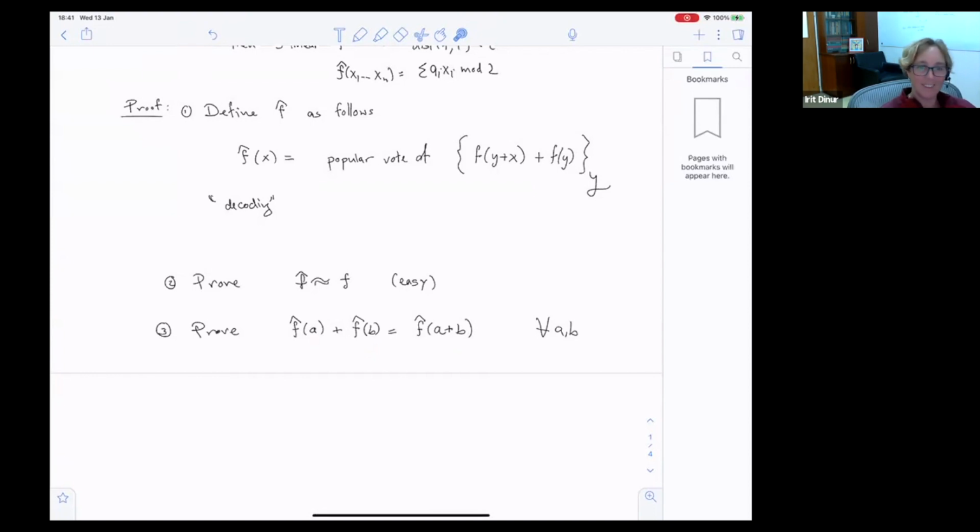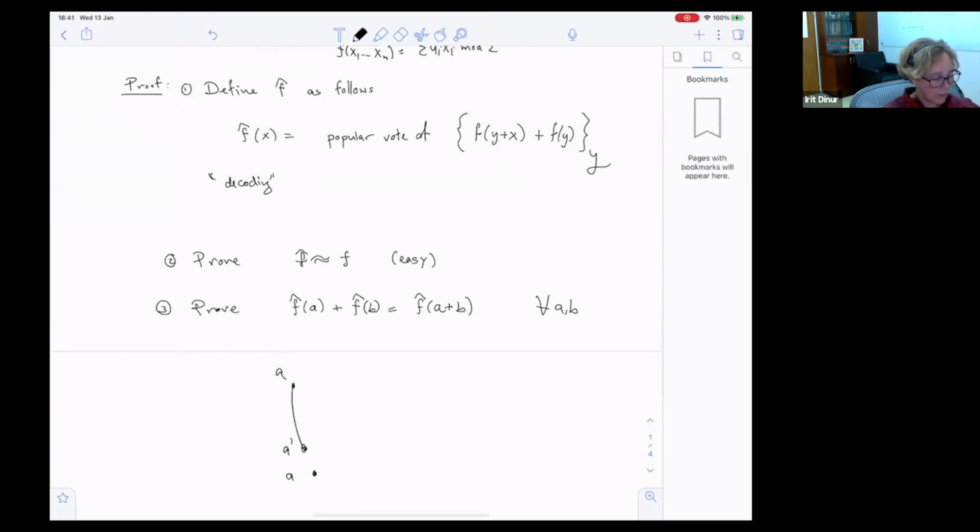And the way you do it is, you take the point A, and you somehow move to some other points, A prime and A prime plus A. This is a triple where the test holds.